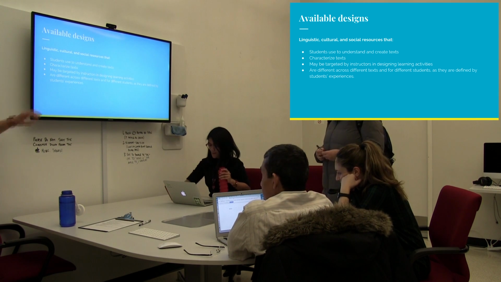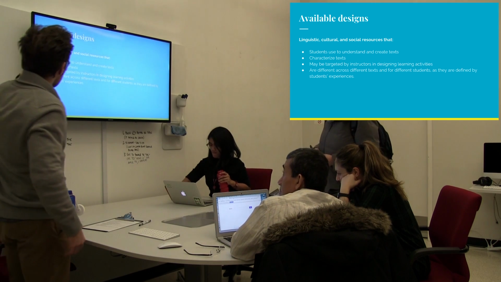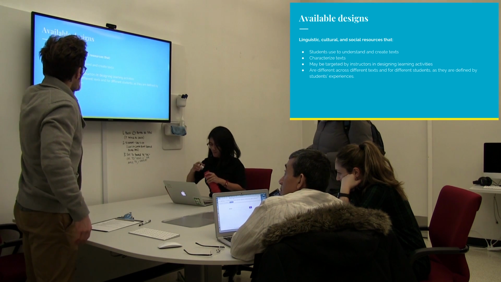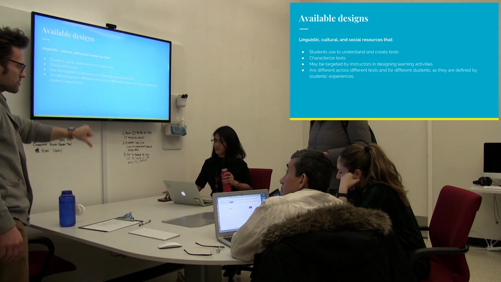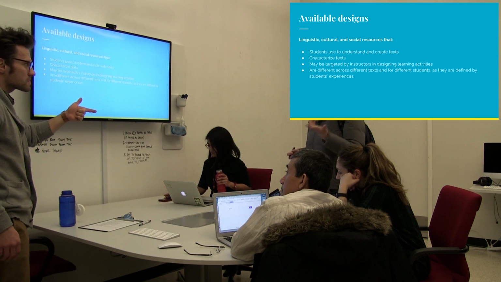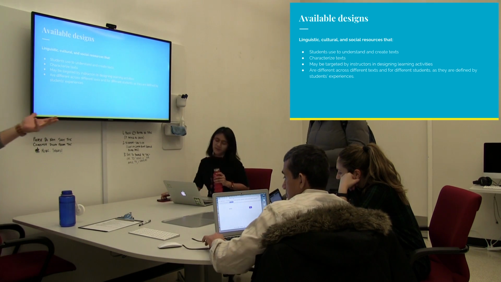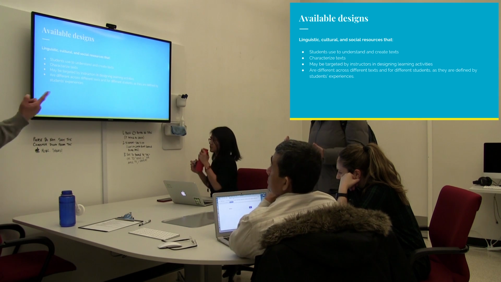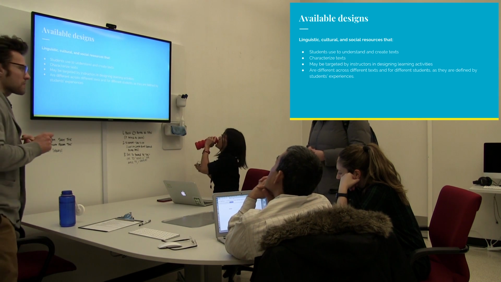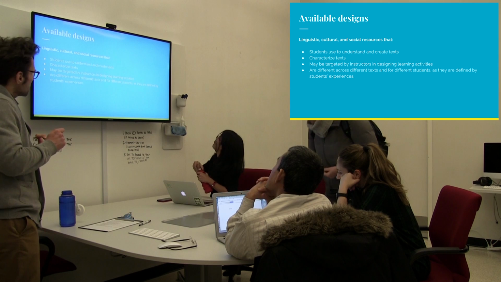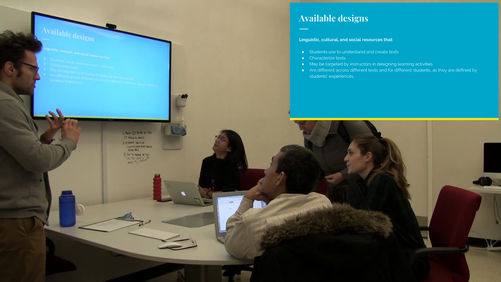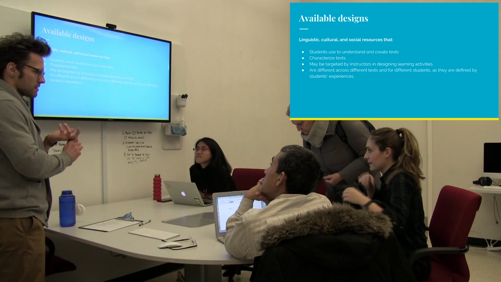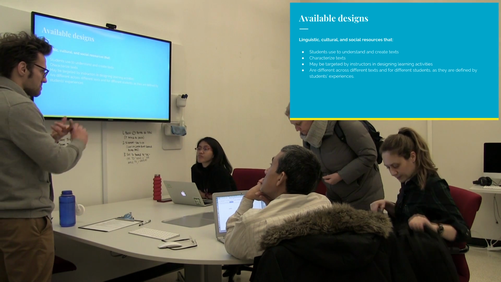So from one standpoint, this is the stuff that can be targeted by instructors in designing learning activities. So those would be the text, right? Those would be written text, songs, visuals, could be clothing, could be space, gestures, and so on and so forth. But on the other hand, it is also the things that students use to decode and to understand these cues and these bits of knowledge.